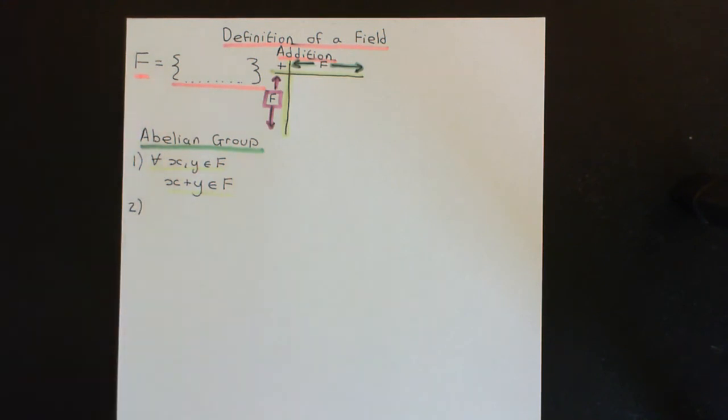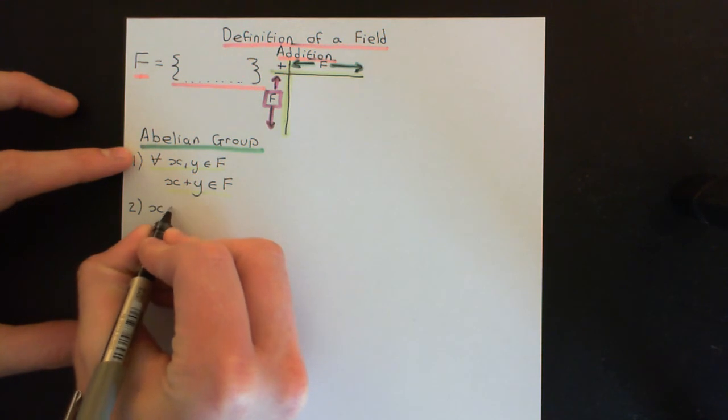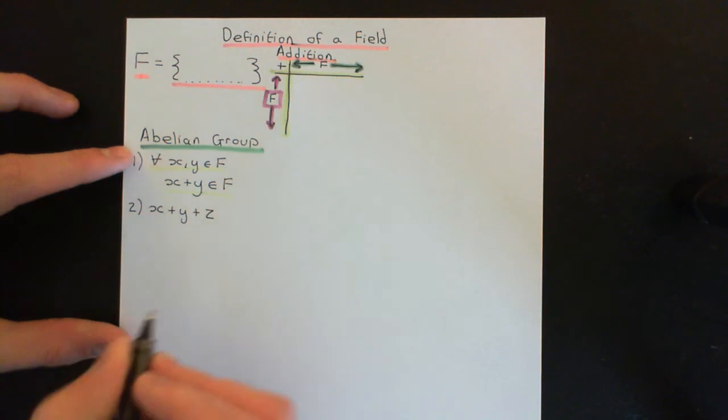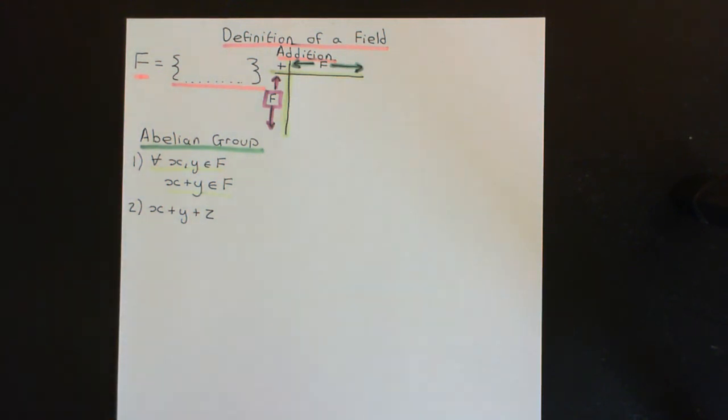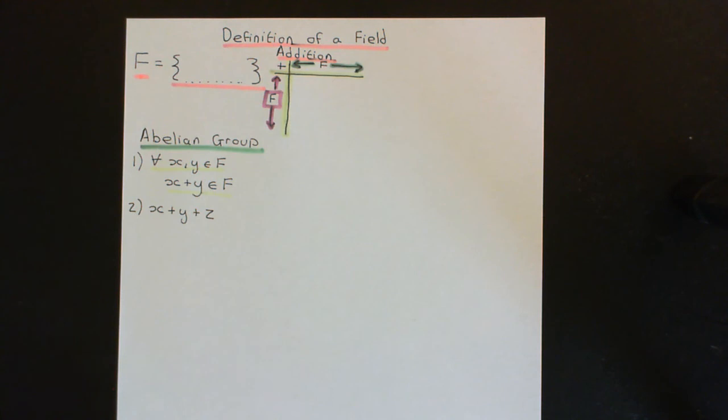Okay, so that's axiom number 1 of an abelian group. Axiom number 2 is a complicated one, but we have got used to it because we have studied group theory for so long. Axiom number 2 is associativity. It is about the composition of three things. So if you consider x plus y plus z, of course this composition table for addition does not tell us how to compose three things together.